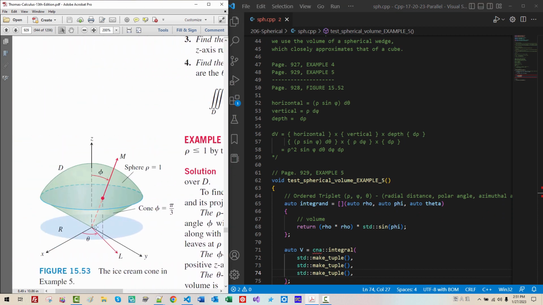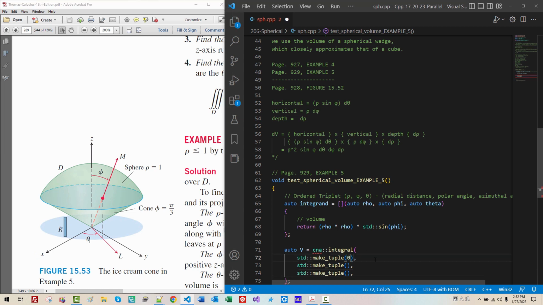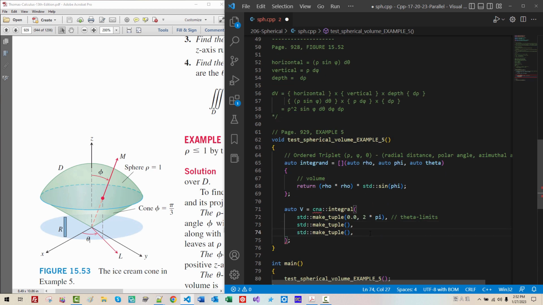In this figure, the azimuthal angle theta sweeps from 0 to pi. So 0.0 to pi. These are the theta limits. Now we need to specify d theta.